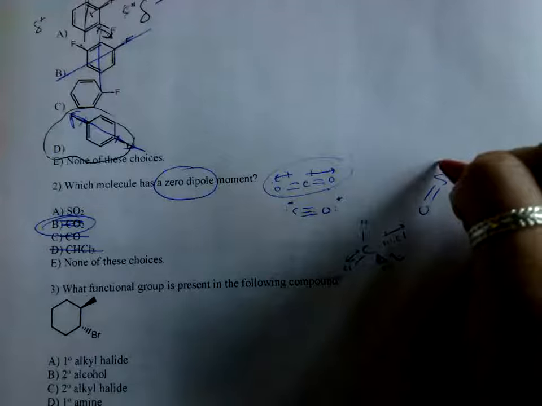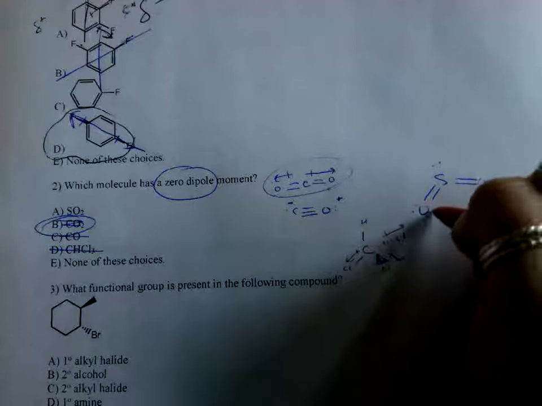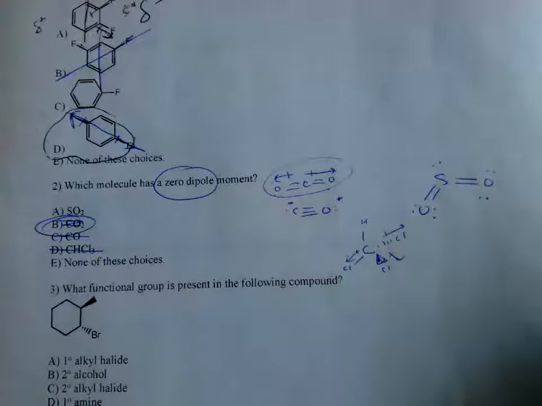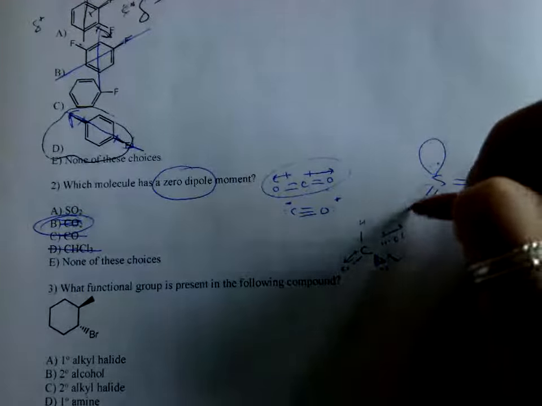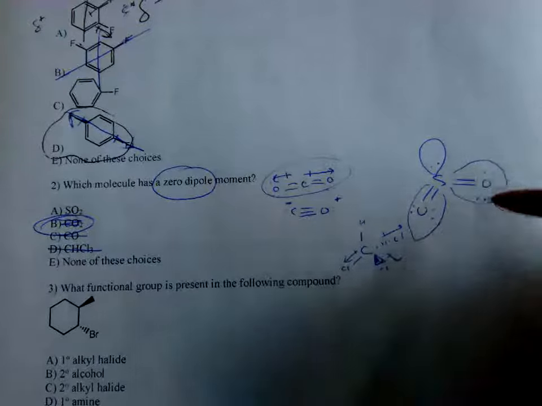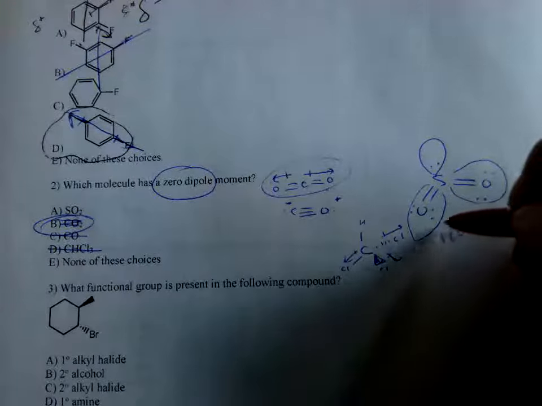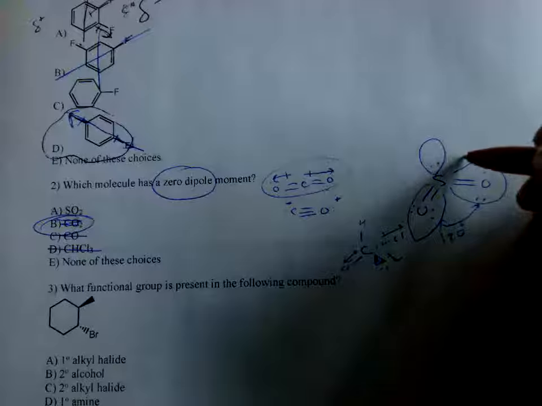So SO2 has a structure that's a little bit tricky and different. It's one of the exceptions. It can have more than 8 in its valence shell because it has access to the d suborbitals. Because of that, this actually has a 120-degree angle between these.